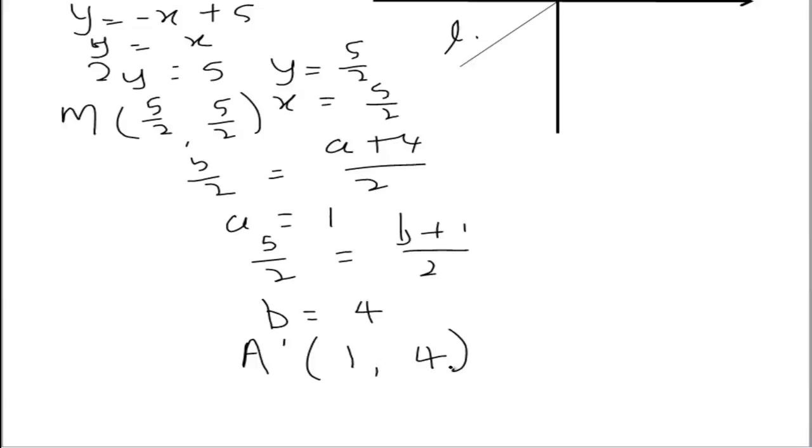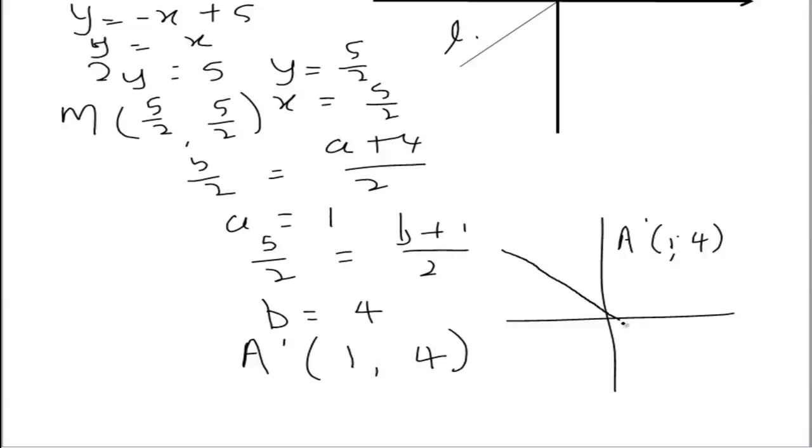Now they wanted you to reflect this image about y is equal to minus x. I'm certain that I could leave that to you. If you look at this diagram here, you have 1, 4 there as A prime, and what you want to do is reflect that about y is equal to minus x.